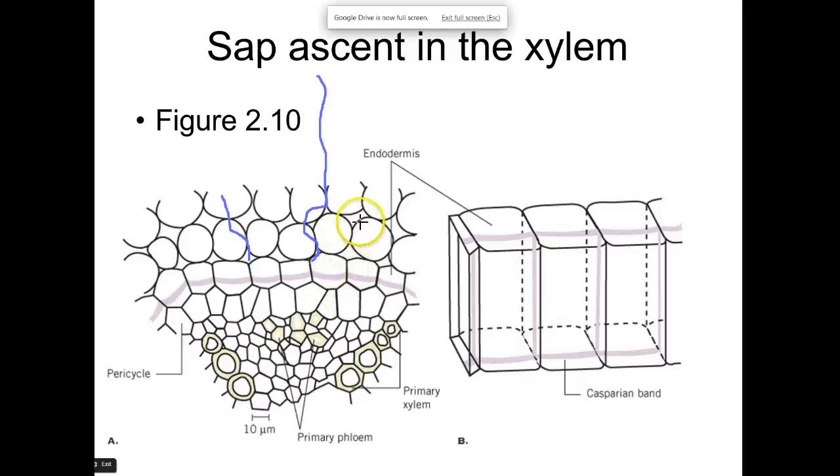In other words, the water moves here, it hits here, it can't move past that waterproof layer, so the water has to go into the cell and move in. The tops and sides are waterproofed, so if I try to do perspective here, the water moves that way. So this forces water to get into the middle of the root by moving through a membrane, through a cell.